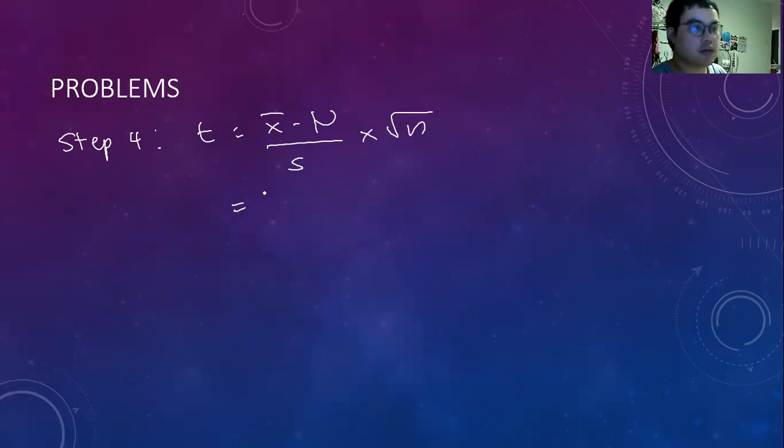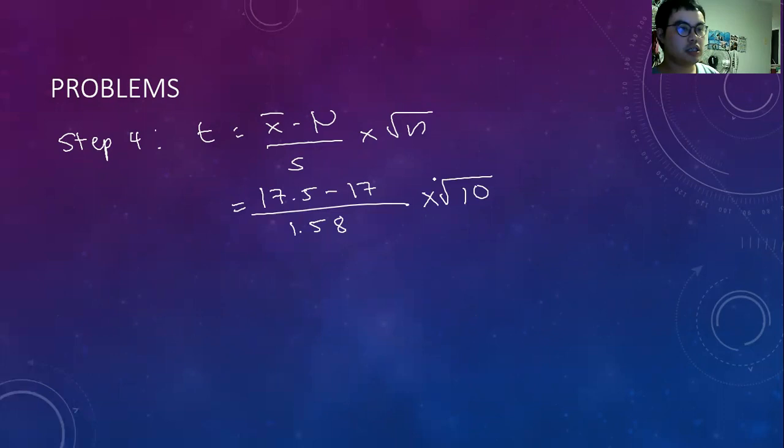Our sample mean is 17.5 minus 17, the population mean, then 1.58 is the sample standard deviation, then our sample size is 10. So this will be 0.5 over 1.58 times square root of 10.